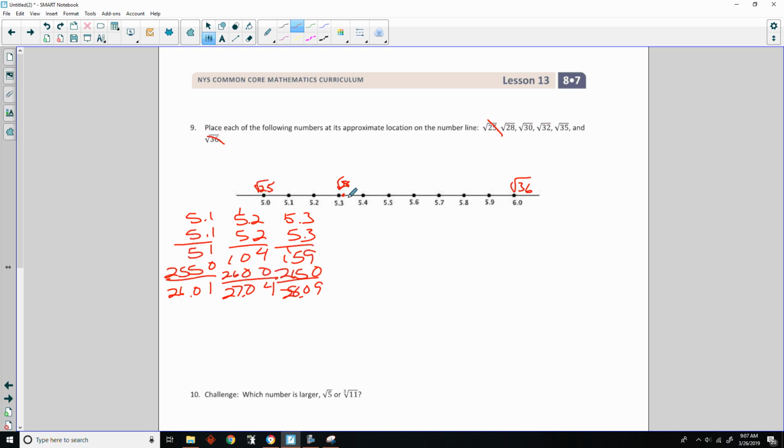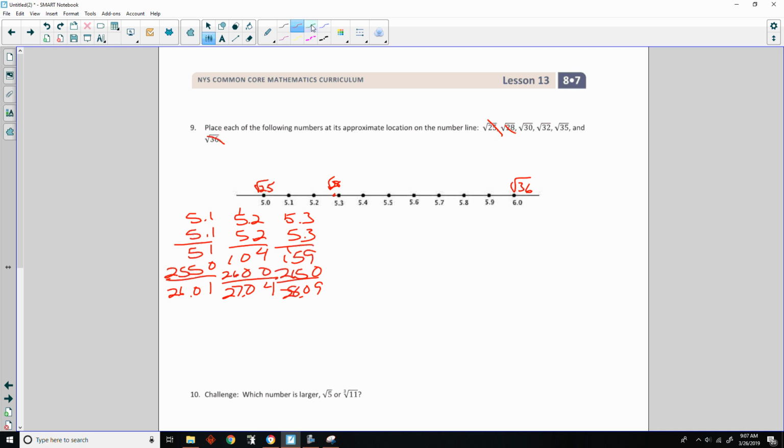Actually, 5.3 is more than 28, so I've got that on the wrong side. The square root of 28 is just below 5.3, because 5.3 squared is 28.09. Okay, so that's 28. So now let's do 30.